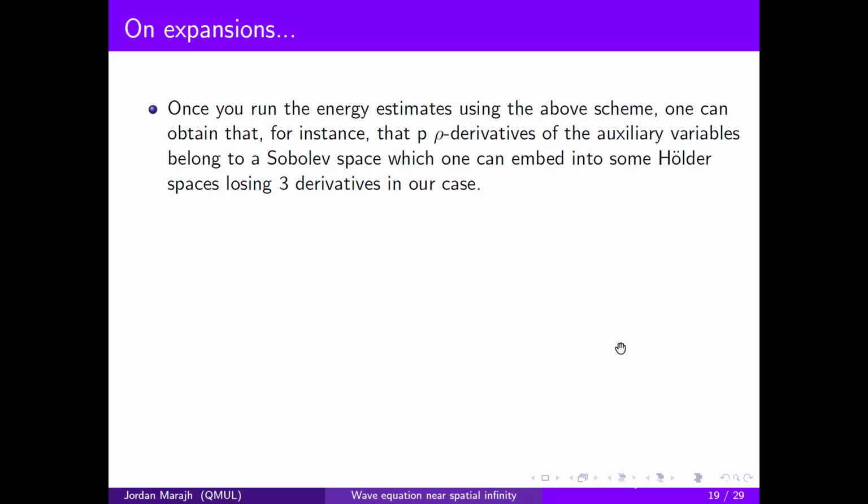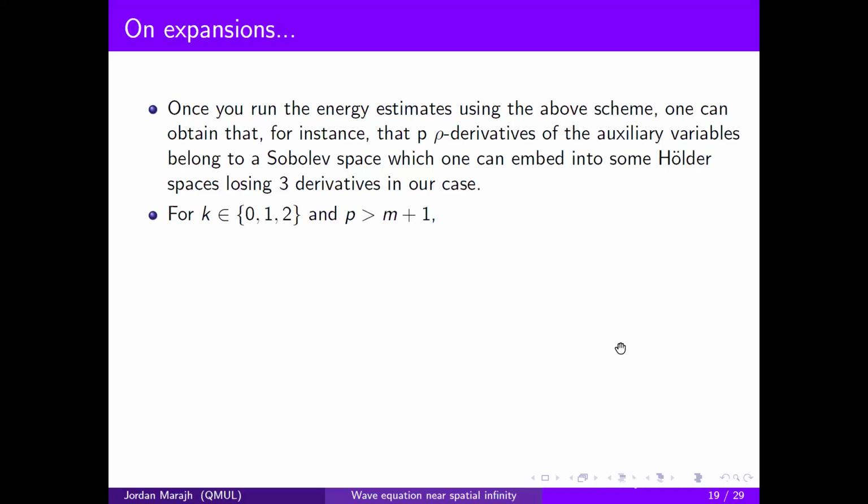So in fact, what happens is, once you run the energy estimates, so doing precisely what we spoke about before, that you can have, for instance, P rho derivatives of any one of your auxiliary variables. So this is the psi 0, psi 1, or psi 2. They belong to some particular Sobolev space. Then you embed them into a Holder space, and you will lose 3 derivatives. And you do that because you want to make some statement about the remainder and if this is controlled or not. That way the Taylor expansion is valid.